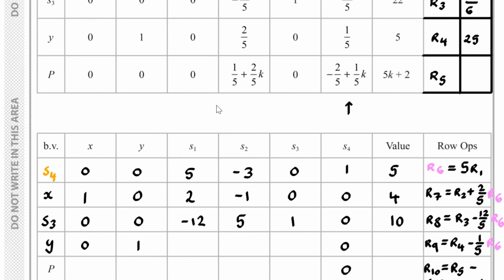Next, we would have 0 subtract 1/5 of 5, which is minus 1. Next, we would have 2/5 subtract 1/5 of minus 3. So this is 1. Next, we have 0 subtract 1/5 of 0, which is 0. And then we've got 5 subtract 1/5 of 5, which is 4.